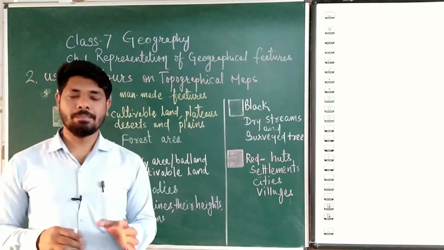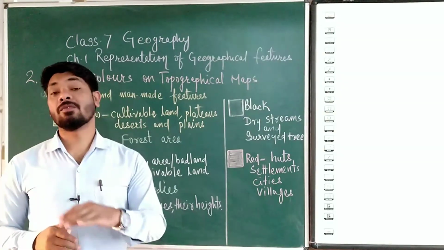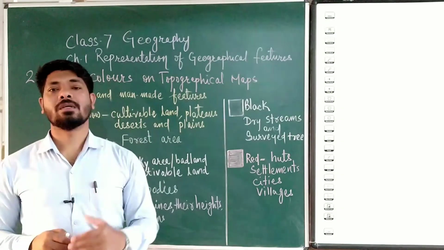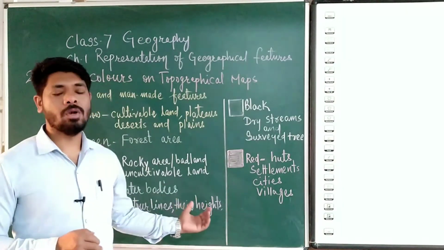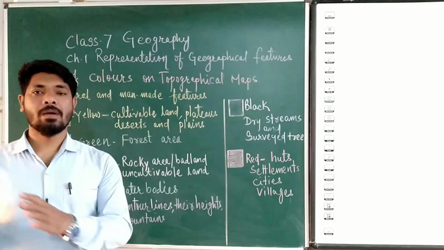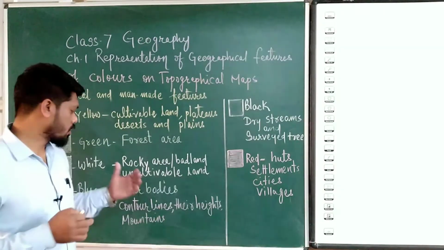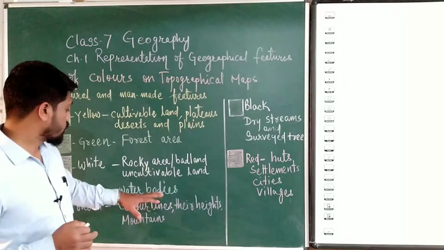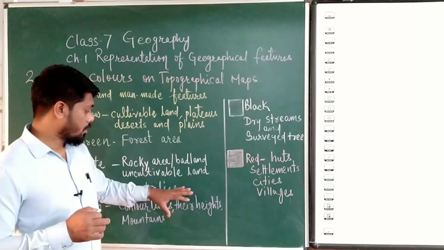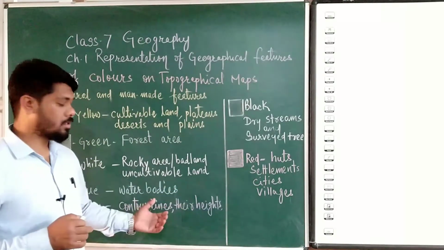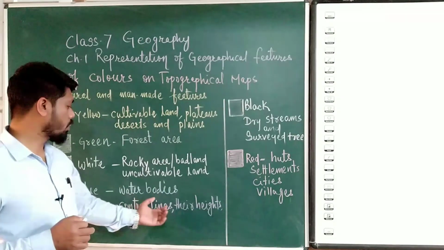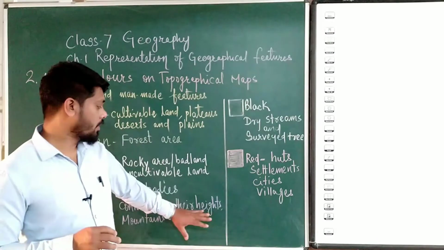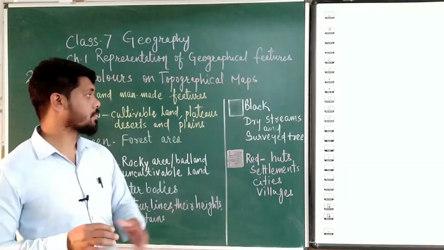There will be plenty of numbers, but they will be given in different colors. Black color has a different meaning, brown is for contour lines, and red has a different meaning, right? So remember that the contour lines showing the height of the relief features or mountains, as well as their heights and contour intervals, will be shown with the brown color.